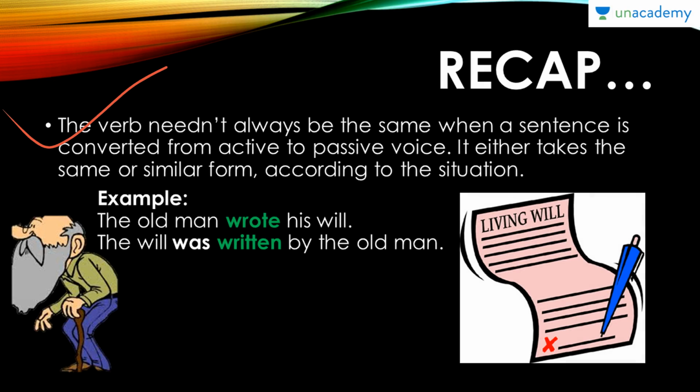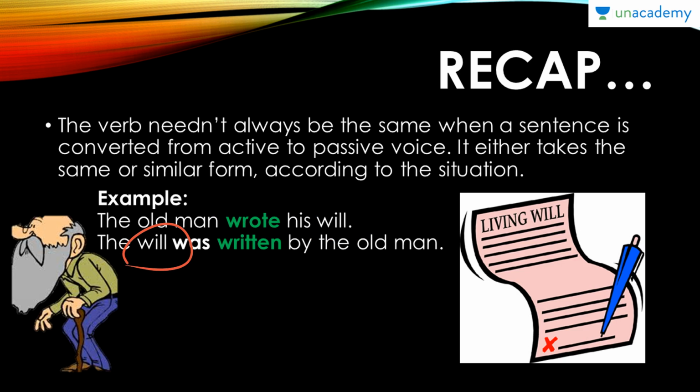Point number 2. The verb needn't always be the same when a sentence is converted from active to passive voice. It either takes the same or a similar form according to the situation. So here's an example. The old man wrote his will. The will was written by the old man. Old man, subject, will, object, wrote, verb. Second sentence.